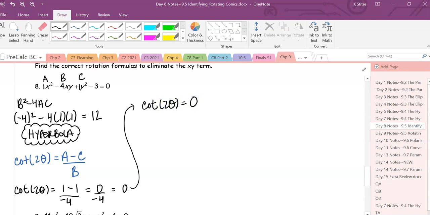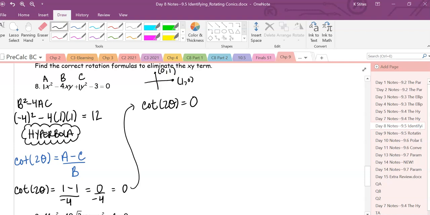So we need to figure out where that is. So let's think about our unit circle real quickly. So when we're dealing with a cotangent of 0, you need to figure out whether you are over here at (1, 0) or up here at (0, 1).